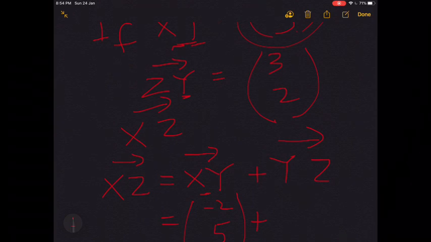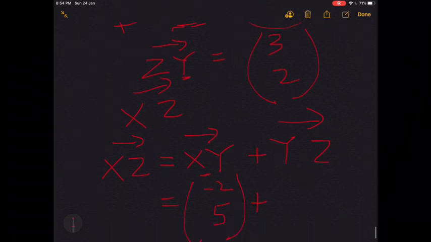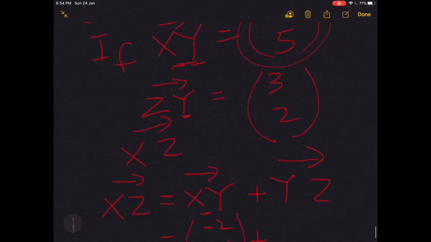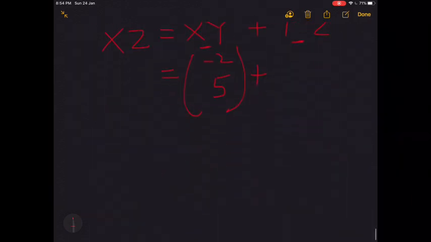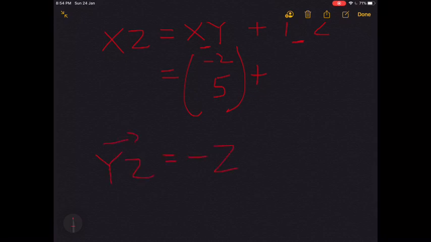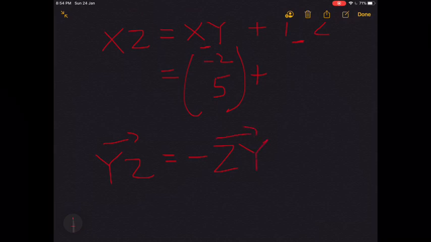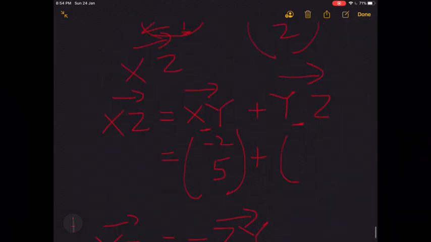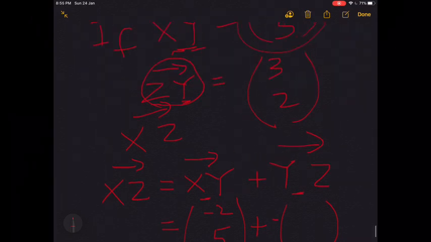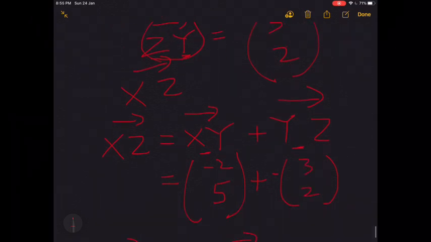yz is what we need, but we're given zy in the question. So the inverse of the vector, which is yz, will be equal to the negative of zy, which we were given. So I can replace this with the negative of what we are given here, 3, 2.